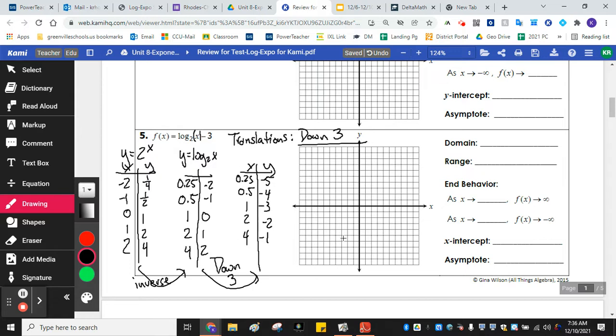This one's not moved right or left at all, so my asymptote will stay at x equals 0. So here's my asymptote, x equals 0. .25, -5. Close. 0.5, -4. Closer. 1, -3. 2, -2. 4, -1.